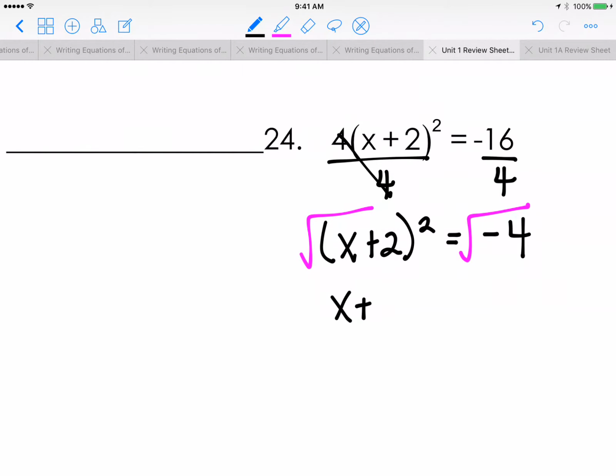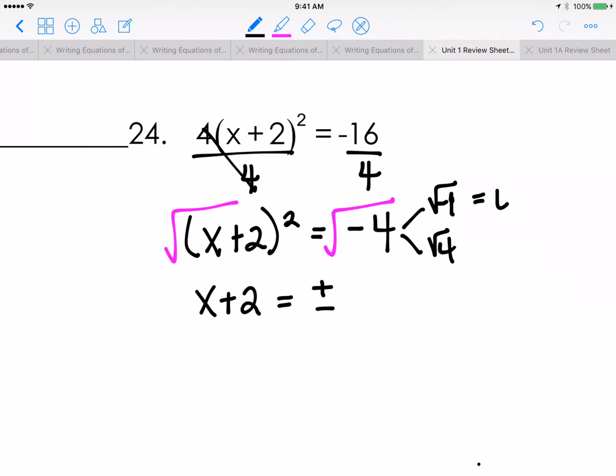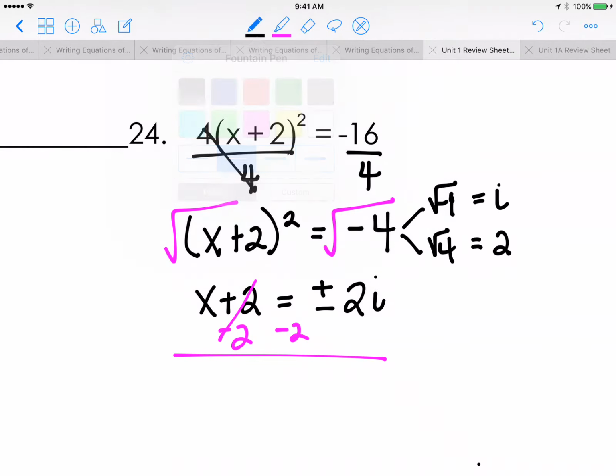So we get x plus 2 is equal to plus or minus, and then if we break this down, we get a square root of negative 1 times the square root of 4, and that gives us i, and square root of 4 is 2. So we get 2i. Then if we subtract the 2 over to both sides, we get x is equal to negative 2 plus or minus 2i.